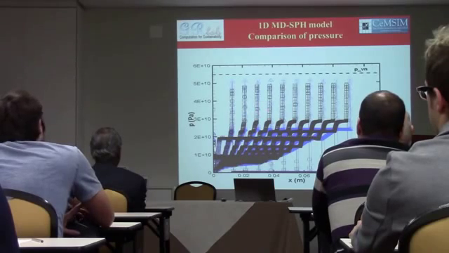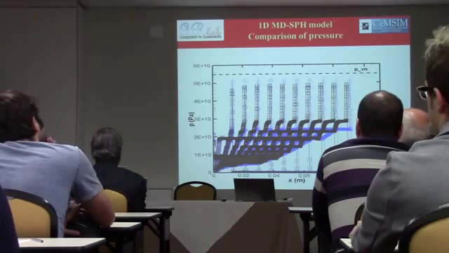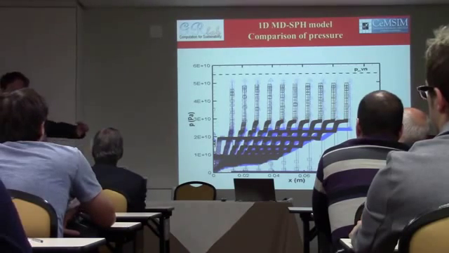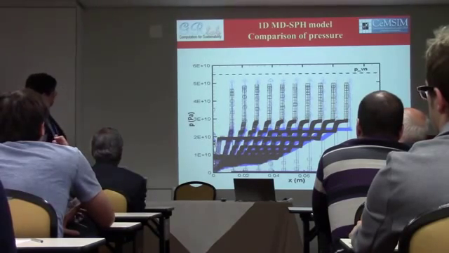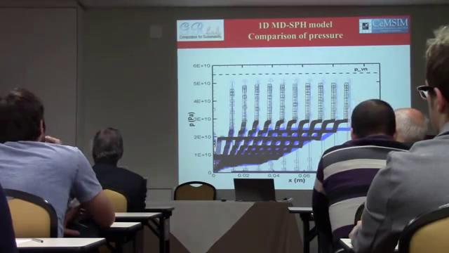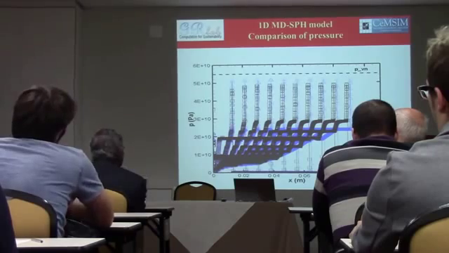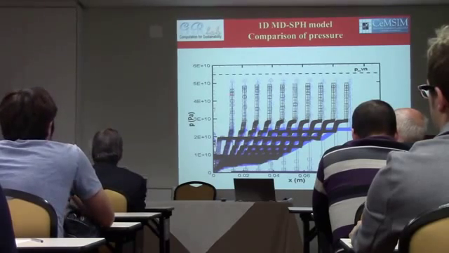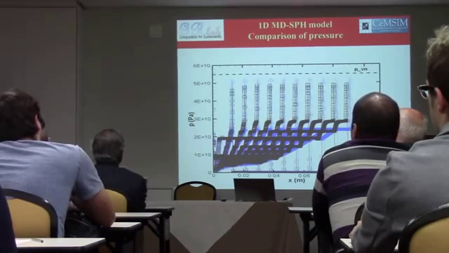As time goes on, your shock wave front is propagating through the one-dimensional explosive. It is difficult to compare with experiment, but what we can always measure in the experiment is the peak pressure. The peak pressure, this line here, is measured by the experiment.